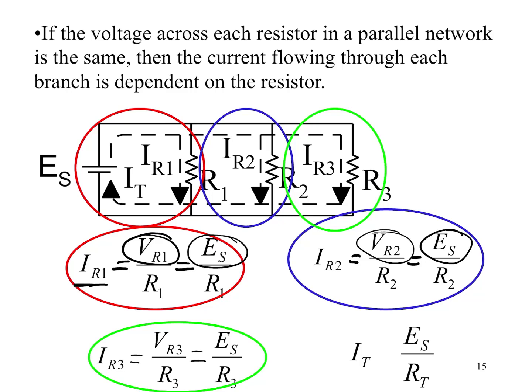You can see how, in this case, all the branch currents are determined by simple Ohm's law of E over R. I total, likewise, can be determined by our source voltage, same voltage, divided by the total resistance that's calculated for the parallel connection.